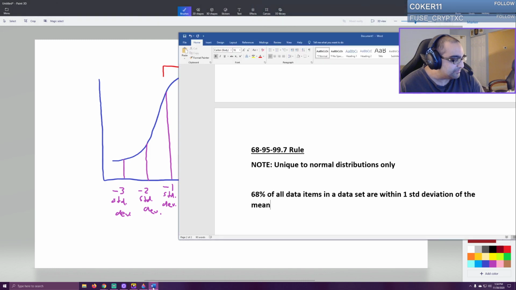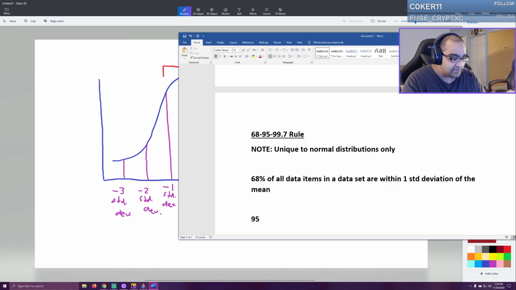All right. The next part here is 95% of all data items in a data set are within 2 standard deviations of the mean.